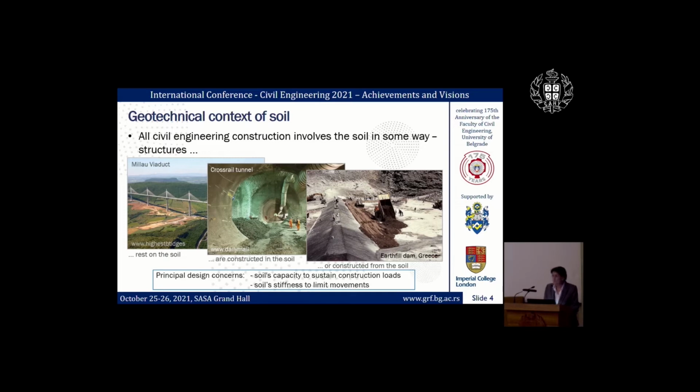And the principal concern for geotechnical engineers is soil's capacity to sustain construction loads, as well as soil stiffness to essentially limit the excessive movements of the ground that may lead to failure. So that is the scope of what we are interested in.